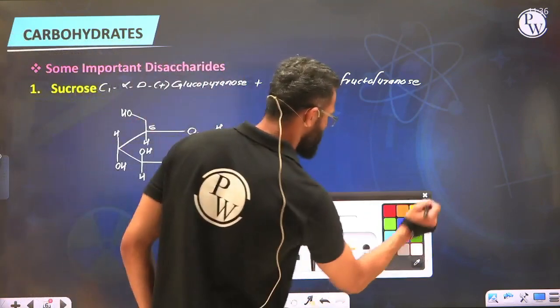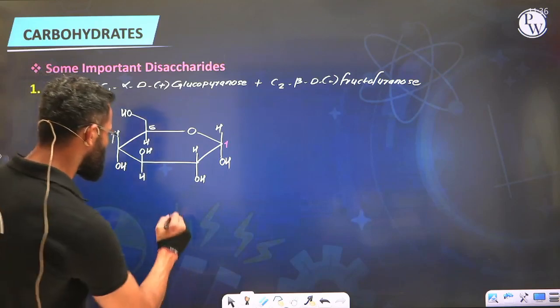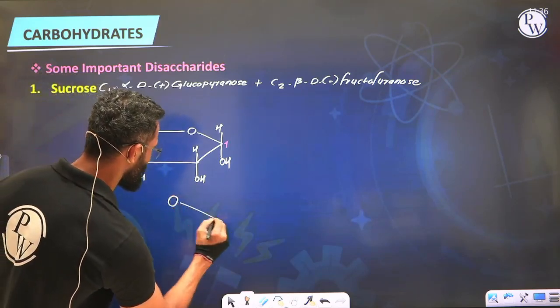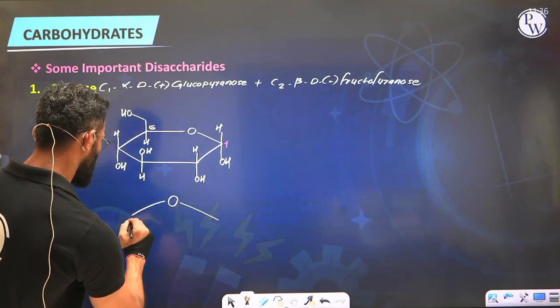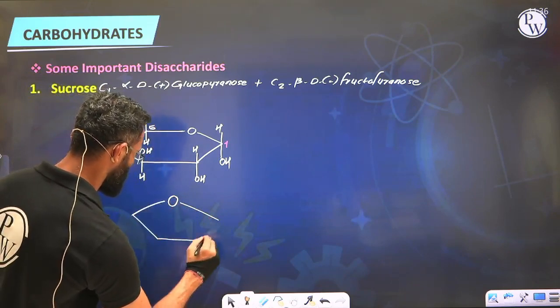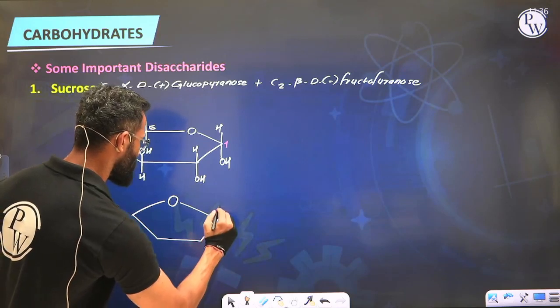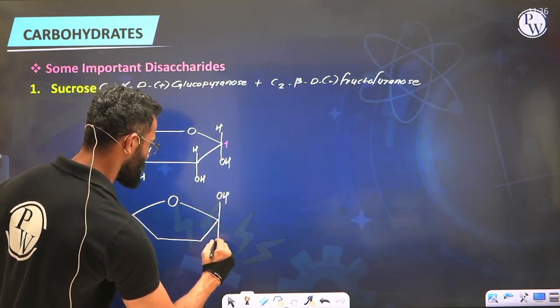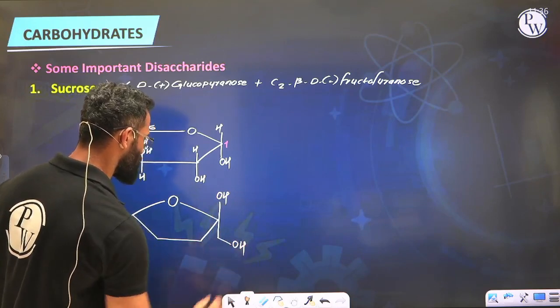Well, fructofuranose, since it is fructo, OH and CH2OH. So that is carbon number 2.